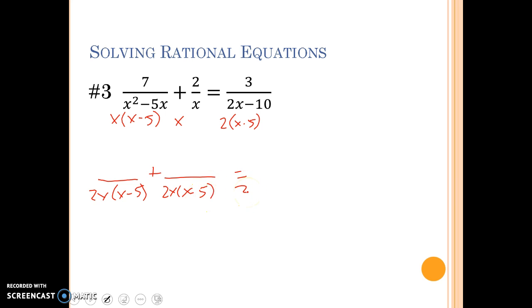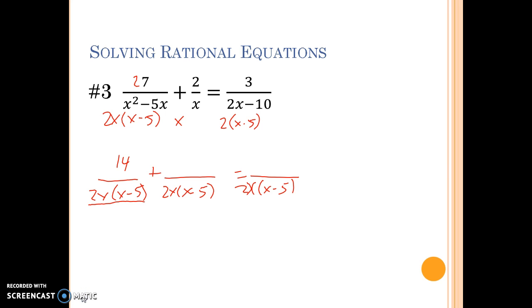And so, boy, that's messy there, but we get the idea. So in order for the first fraction here to have this as my denominator, I need to multiply it by 2, which means I'm going to multiply the 7 by 2, and that's going to give me 14.